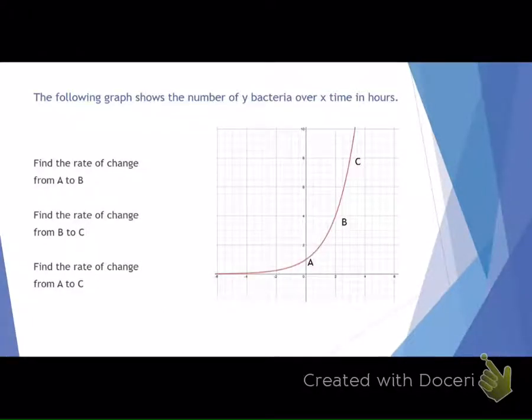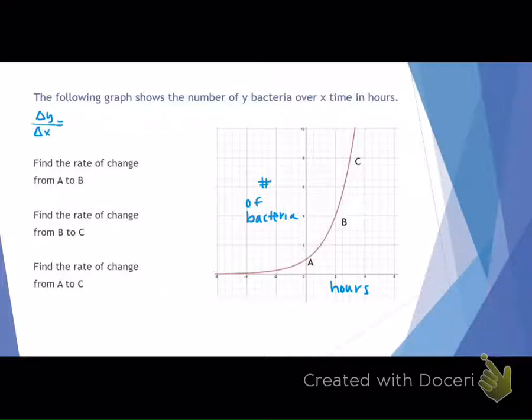So it says, the following graph shows the number of bacteria, y. So I'm going to put number of bacteria here, over time in hours. So this will allow me to know what my rate of change means, because rate of change is a change in y over a change in x. So what are we finding?